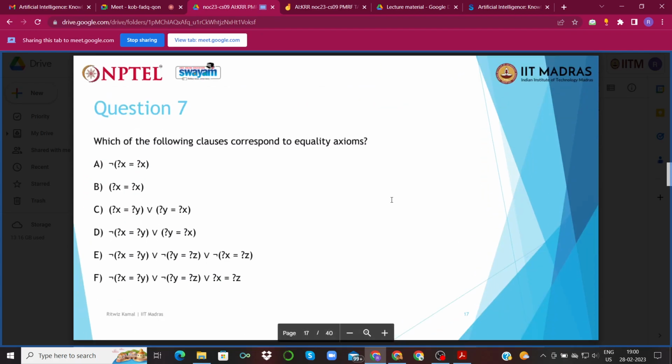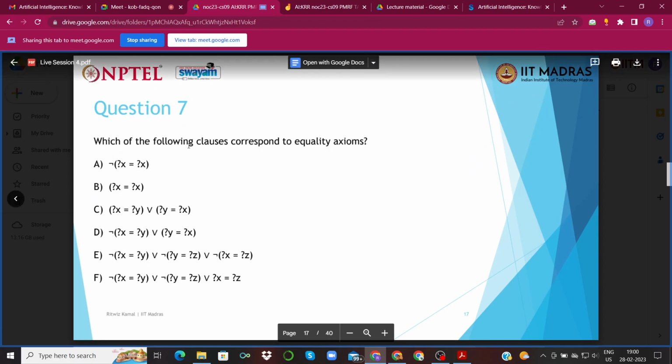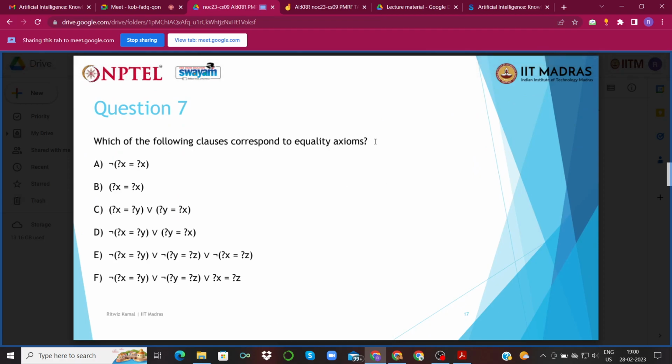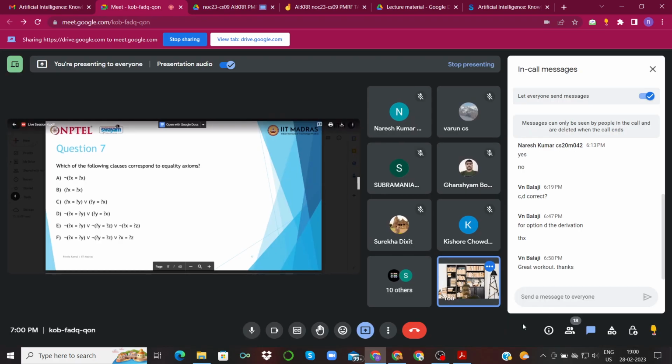Okay, so the next question asks us which of the following clauses correspond to the equality axioms. Once again I'll create a poll for this question. Give me a moment.